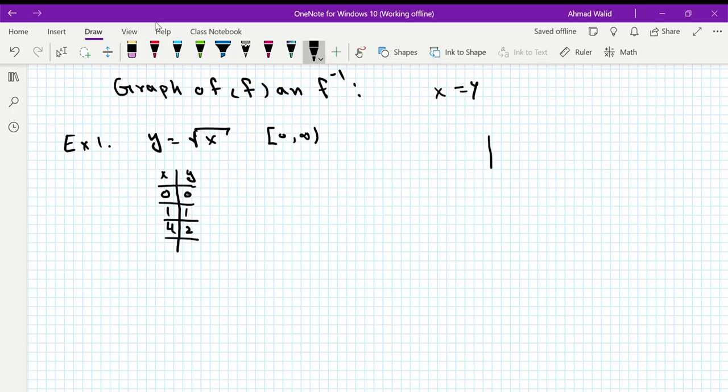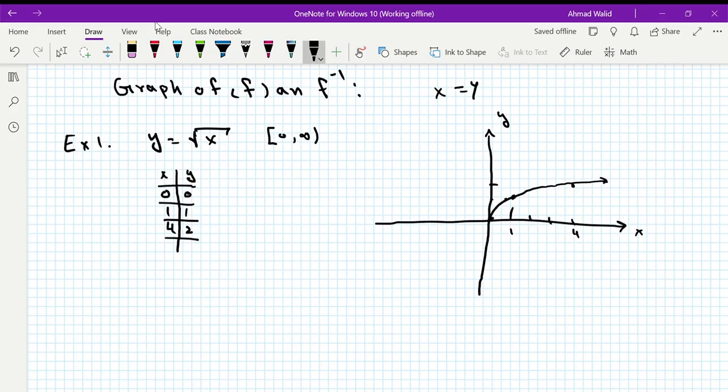Let me graph first this function. 0, 0, 1, 1, and 2, 3, 4, and 2. Let's say this point, 4 and 2. If I graph, that was the shape of your one-to-one square root function, correct?